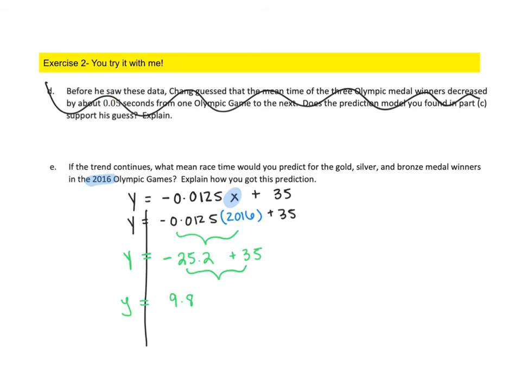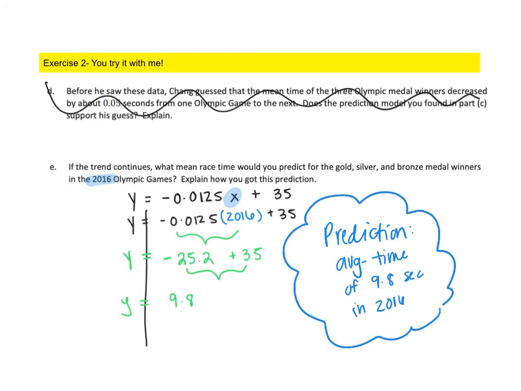Okay. So my prediction is that it's going to be an average time of 9.8 seconds in 2016 based on my linear model that I came up with for my last examples. Okay, go ahead and please make sure you have this down before we move on.